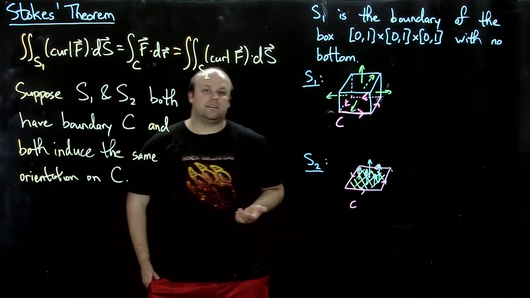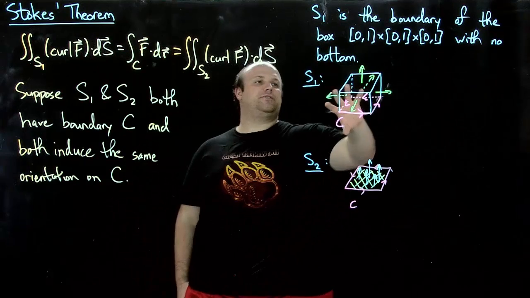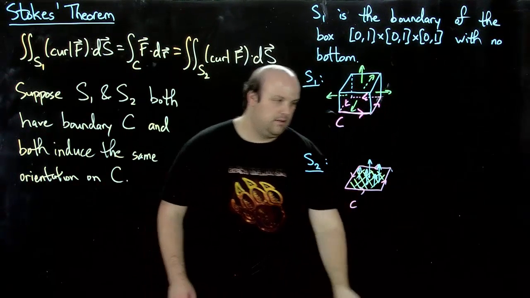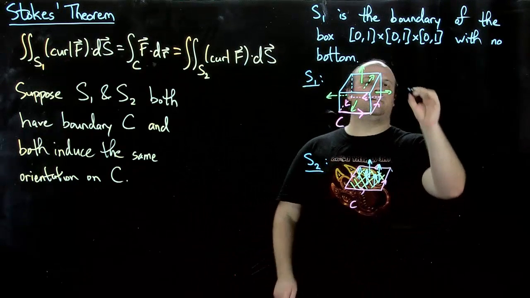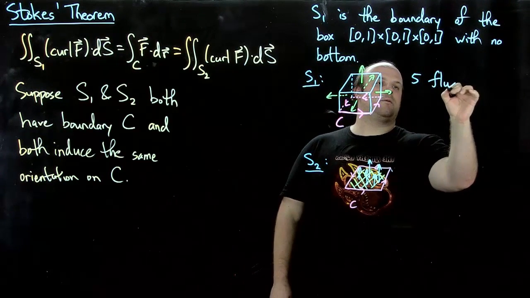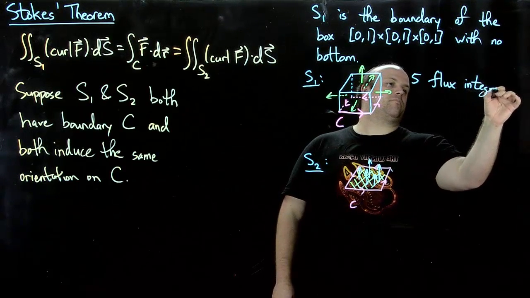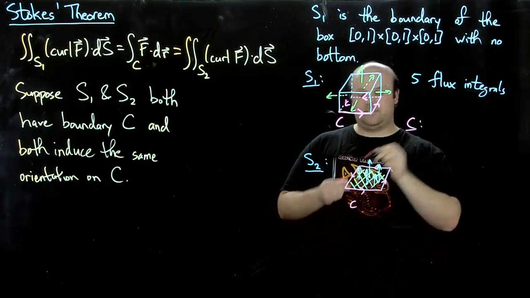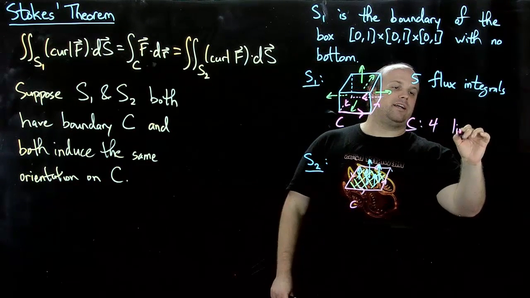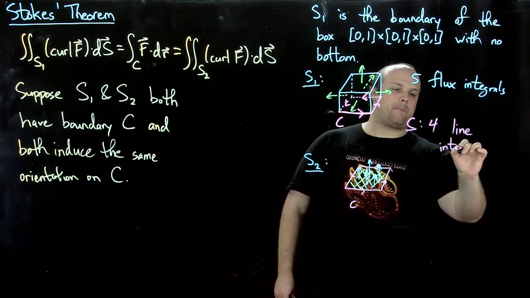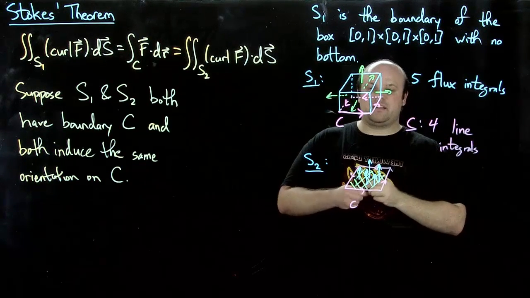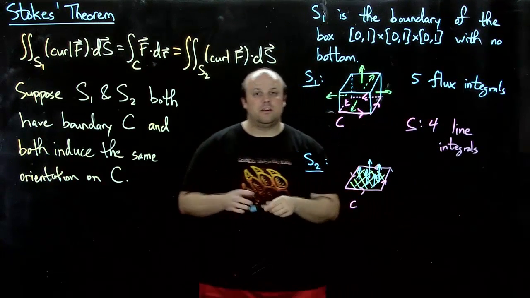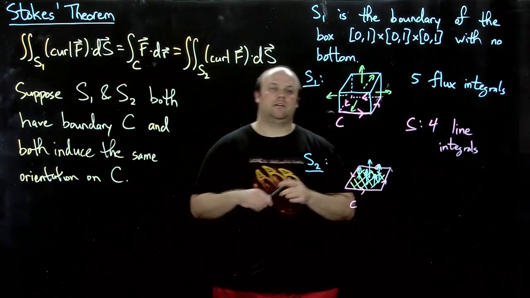So by using Stokes theorem, we switch from the integral over the 5 faces to the integral over the boundary. So here, this is 5 flux integrals. But if you just use Stokes theorem once and you go to C, this is 4 line integrals, because your curve is a square, so you have 4 components to integrate.